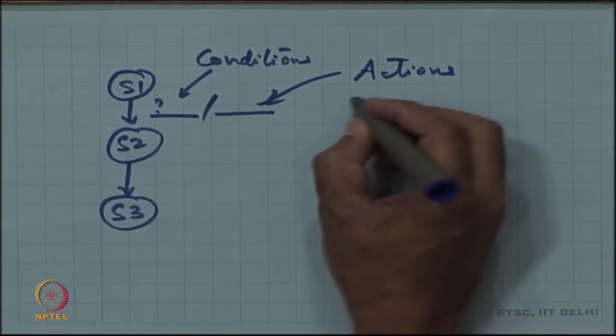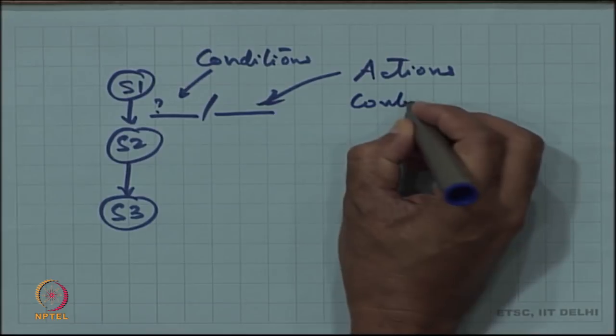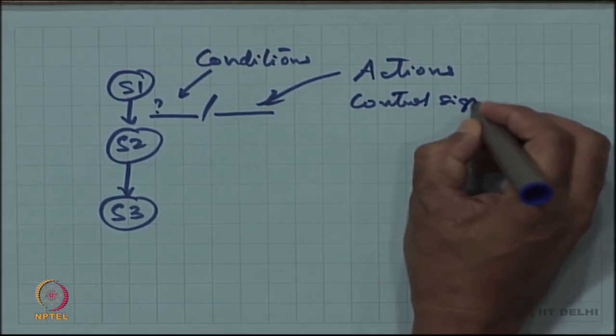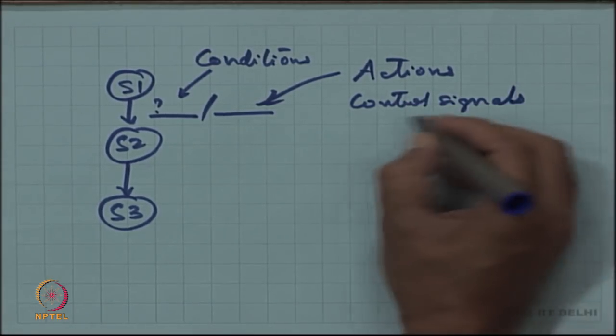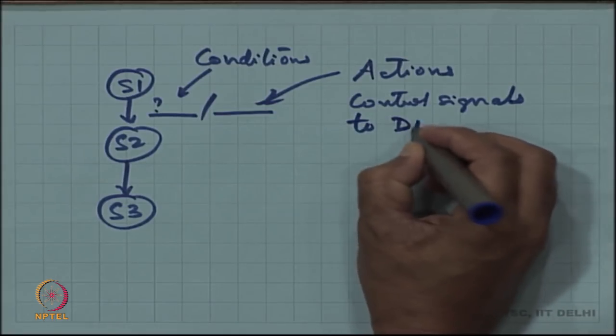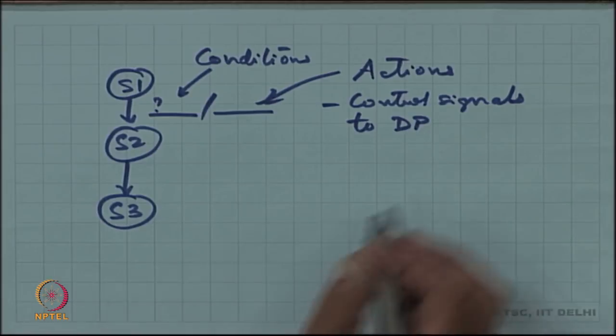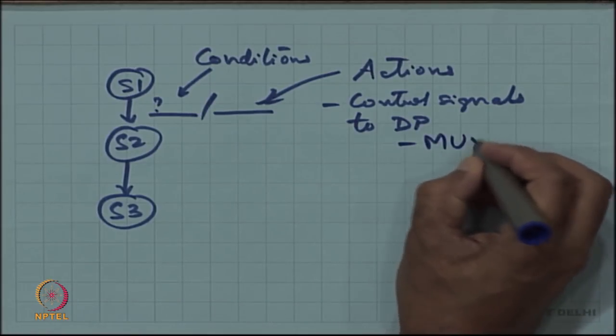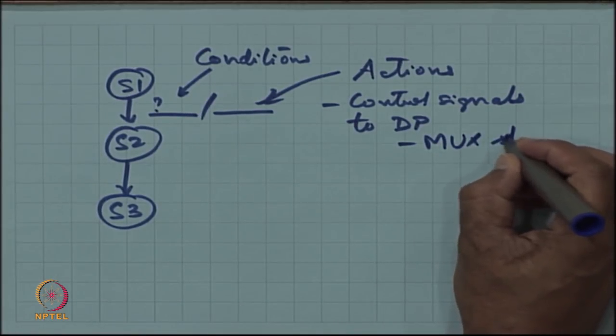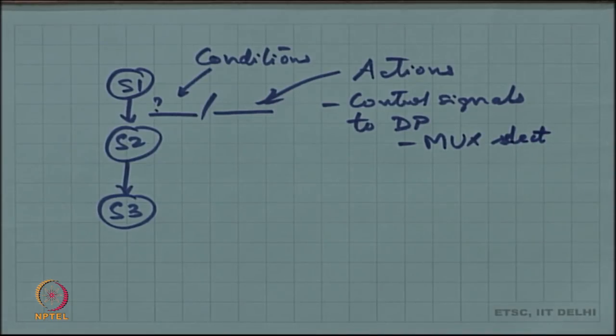So, these actions would essentially be control signals to the data path. And what control signals? These are essentially the mux select signals. And similarly, if there are other elements like registers, then there also we may need to send signals for when to load a register. Fine.